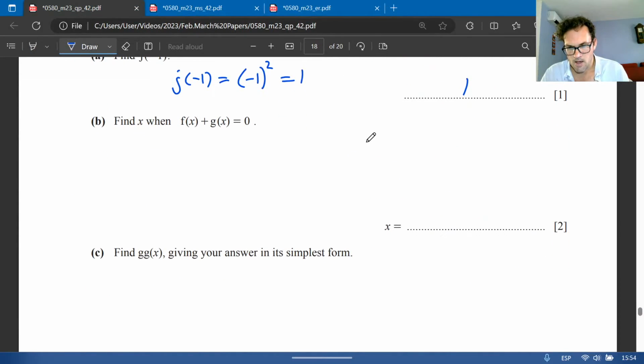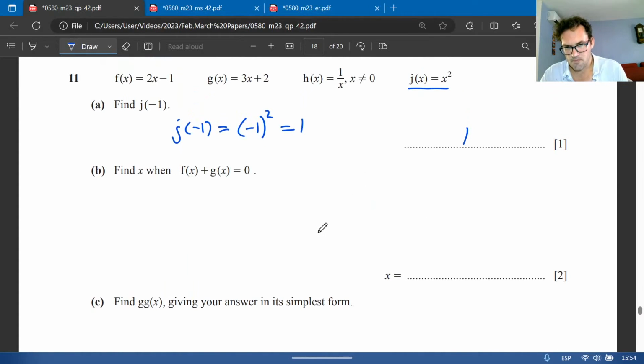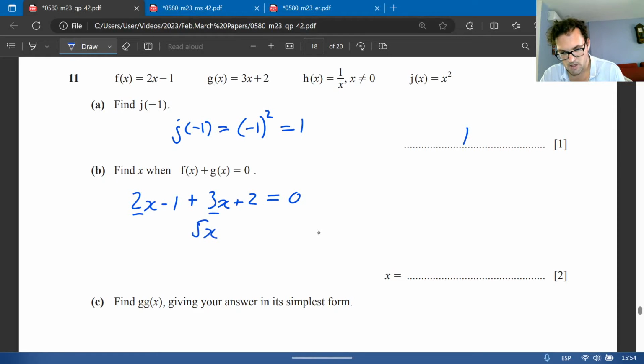Okay. Next one. The function of f, which is 2x minus 1, then the function of g, which is 3x plus 2. We have to add them together, and that is equal to 0. Collecting like terms, 2x plus 3x being 5x.